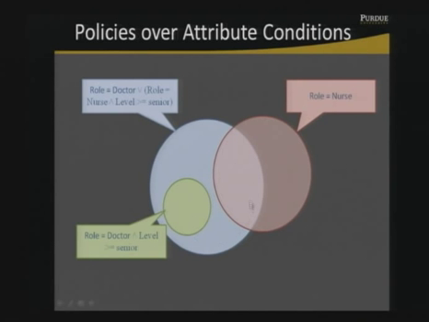We say that a user becomes a member of this group if the user's attributes satisfy this policy. For example, in order to satisfy this policy, either the user needs to be a doctor or the user needs to be a senior nurse. And these groups could have various relationships. They could be completely disjoint, partially overlapping, or completely overlapping.